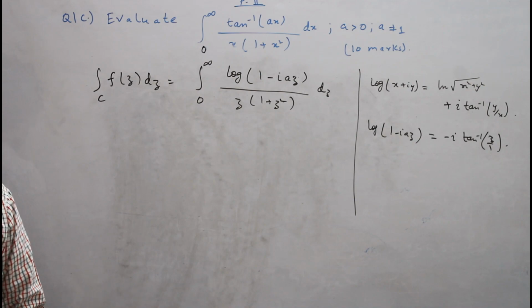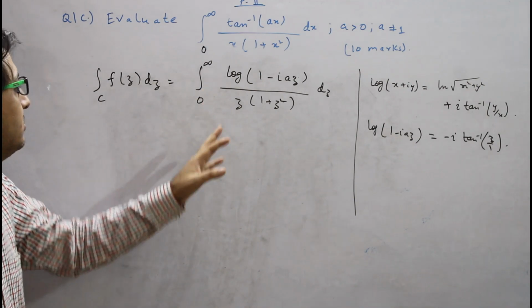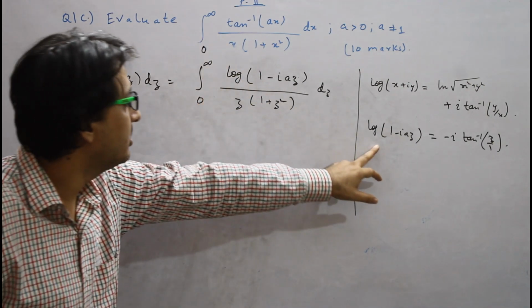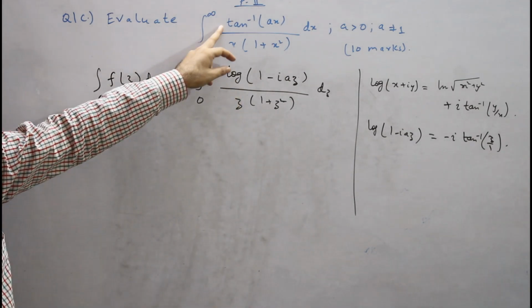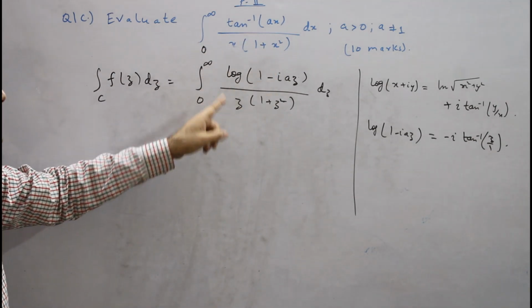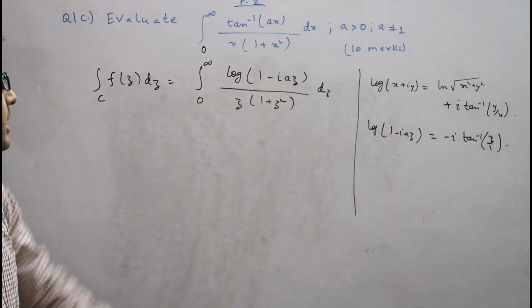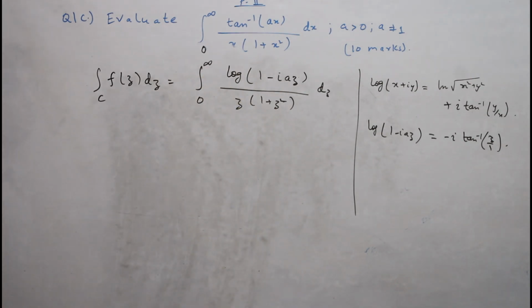All right. So first thing is why I have changed this: because in contour integration, tan inverse ax can be the imaginary part, minus of this one, and I can approach further.